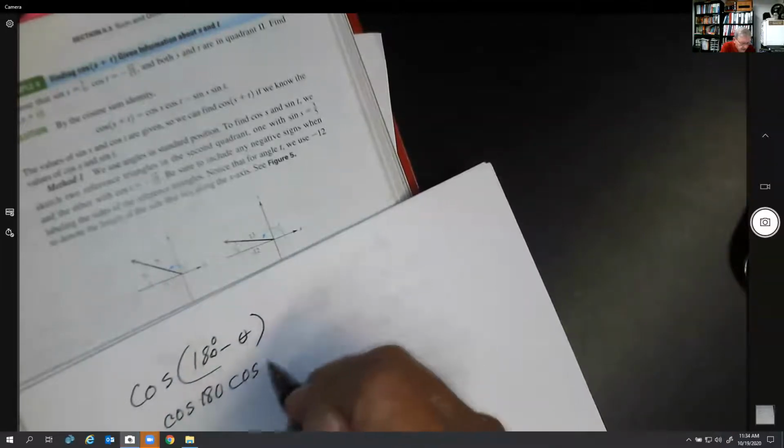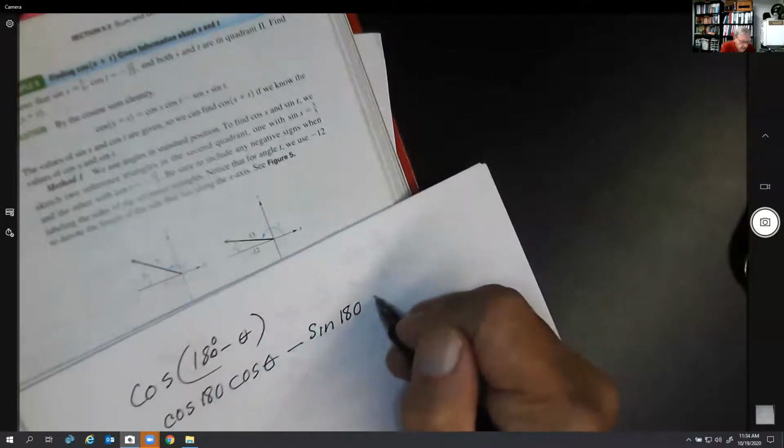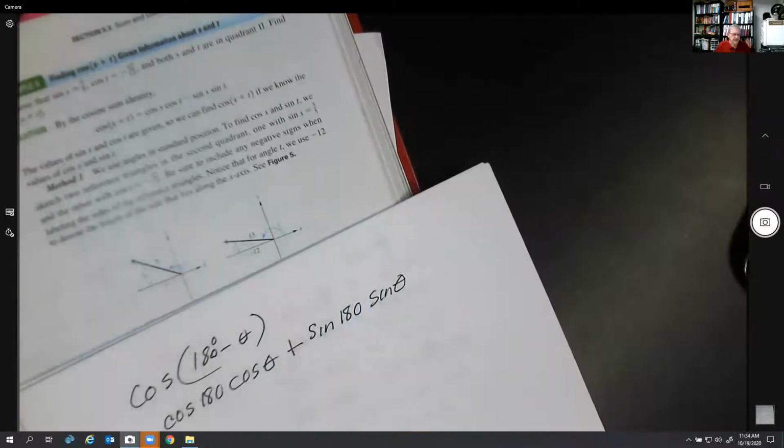They've got the cosine of 180 degrees minus theta, and they want us to expand that out. Well, okay, this is cosine 180 cosine theta minus sine 180 sine theta. Change sign, plus, sorry.